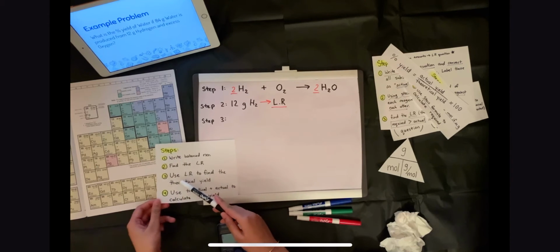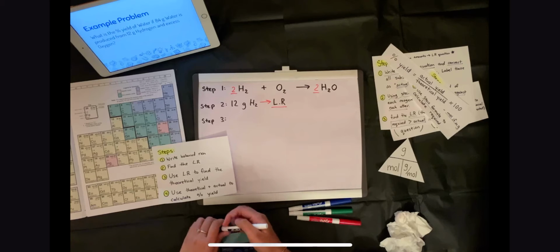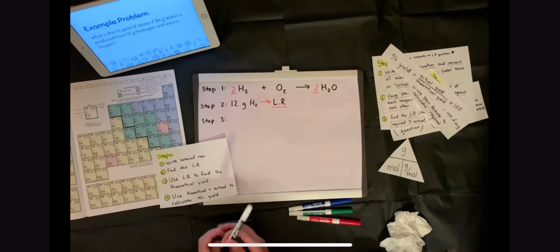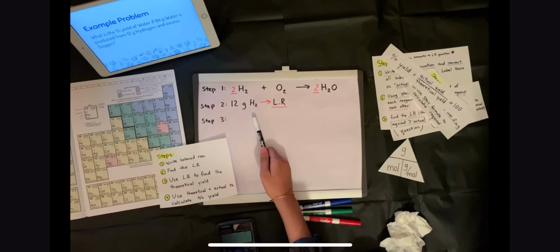So let's jump right into step 3. Step 3 tells us to use the limiting reagent to find the theoretical yield. So using this, we have to find the theoretical yield.